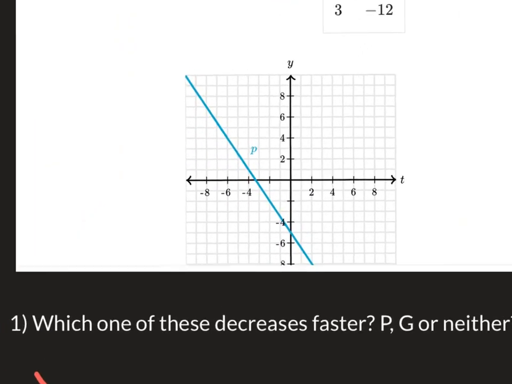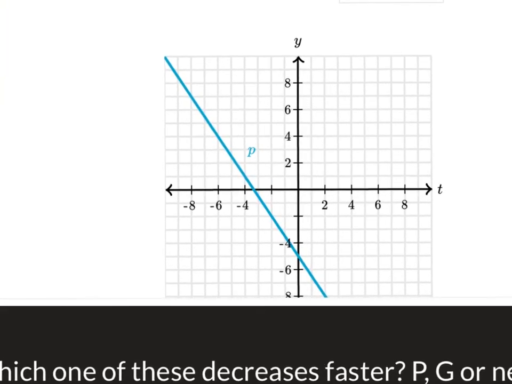Let's zoom in so we can see it a little better. In order to find slope, we need to find 2 points, and then figure out what the rise over run is. So I'm going to plot 2 points, right here and right here.